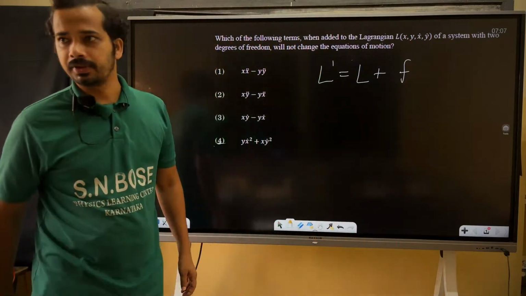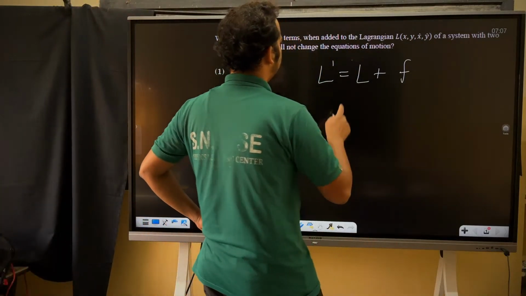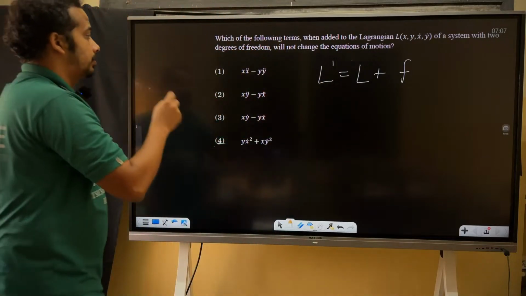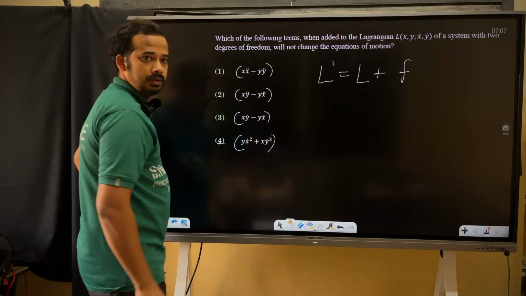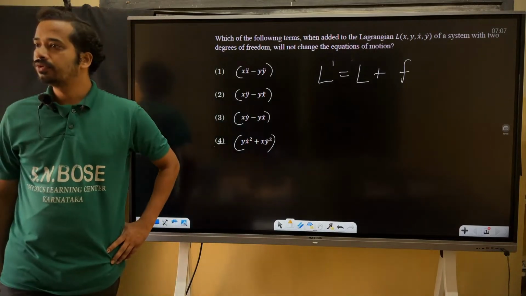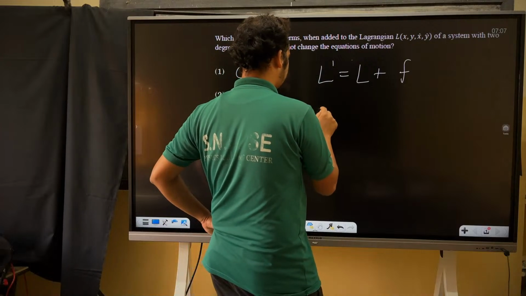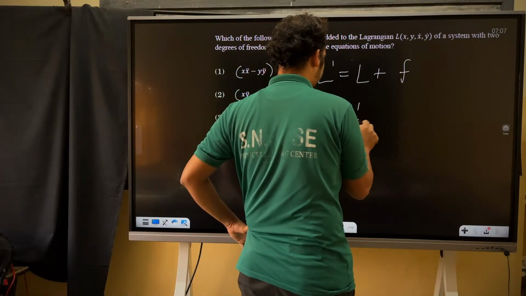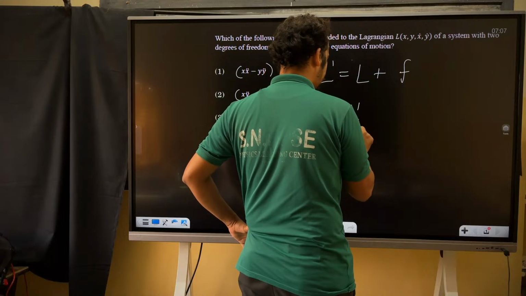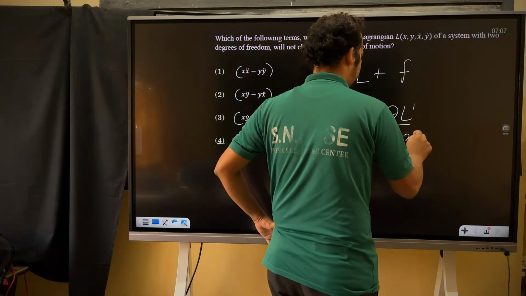What he's saying is, one of these quantities is added to the Lagrangian, but the equation of motion should not change. Then if I write the equation of motion for L', d/dt of ∂L'/∂ẋ minus ∂L'/∂x equal to 0.